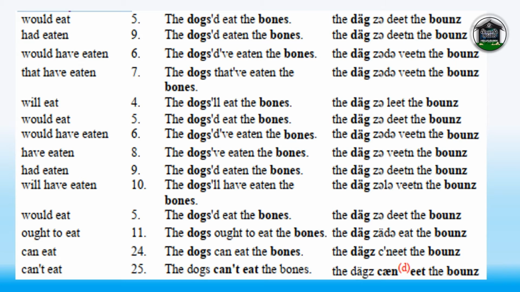The dogs have eaten the bones. 9. The dogs had eaten the bones. 10. The dogs will have eaten the bones. 5. The dogs would eat the bones. 11. The dogs ought to eat the bones. 24. The dogs can eat the bones. 25. The dogs can't eat the bones.